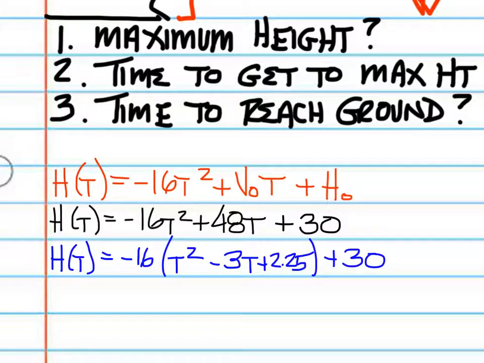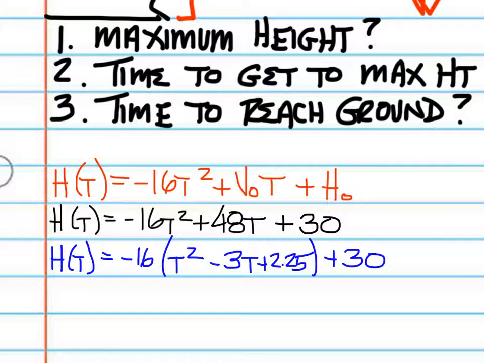But we're not adding 2.25 in reality. We are adding 2.25 times the negative 16. So 2.25 times the negative 16 is what? Negative 36. So we've really subtracted 36.